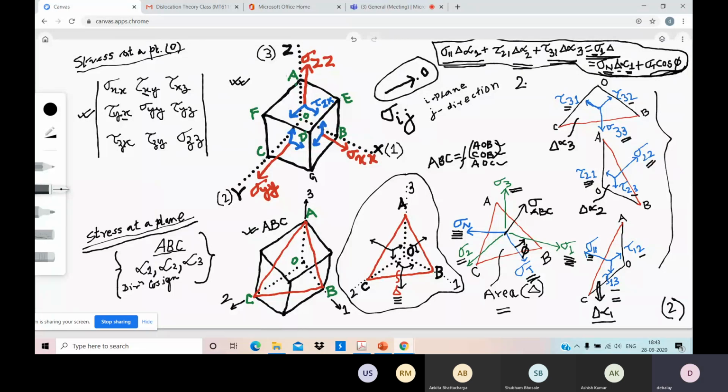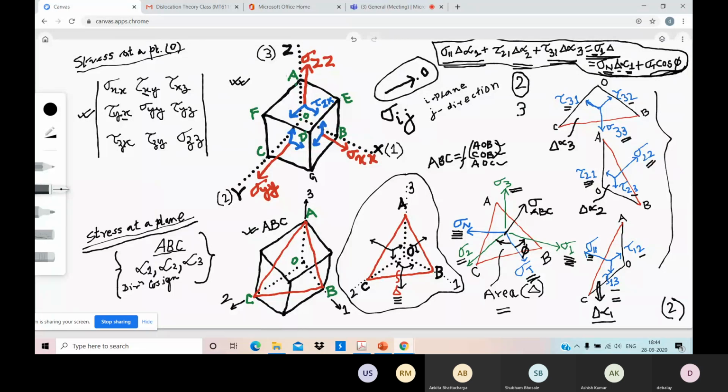Along direction 2, the balance will be something like tau 12 delta alpha 1 plus sigma 22 delta alpha 2 plus tau 32 delta alpha 3 equals sigma 2 delta, equals sigma n delta alpha 2 plus sigma t cos of a certain other angle, the angle between sigma t and sigma 2.